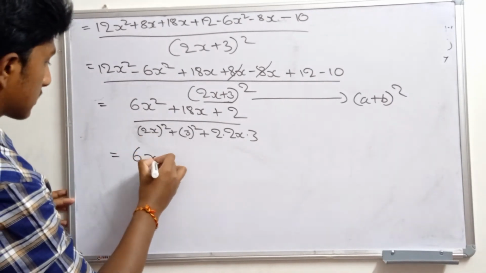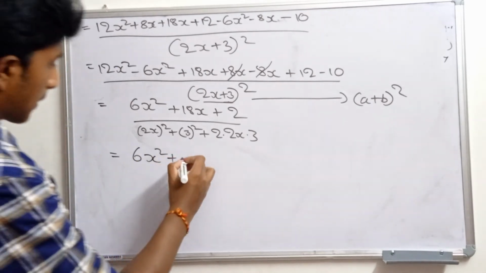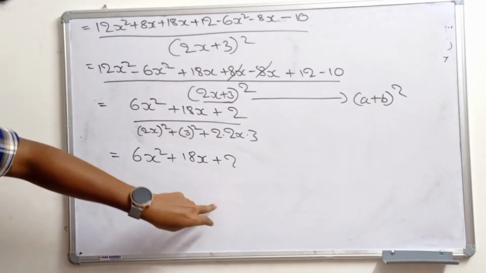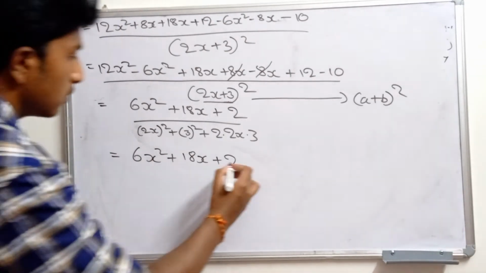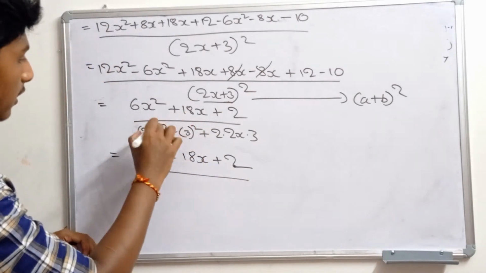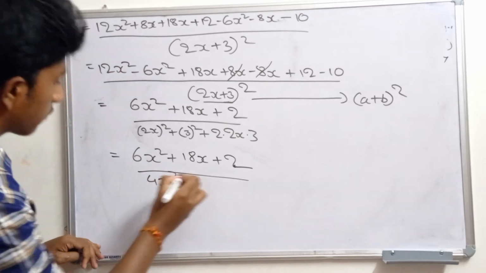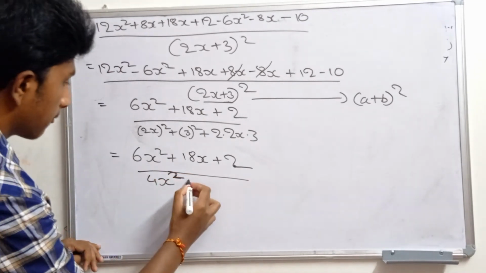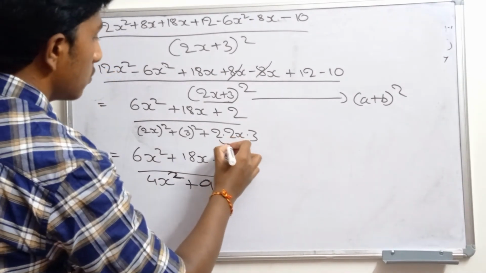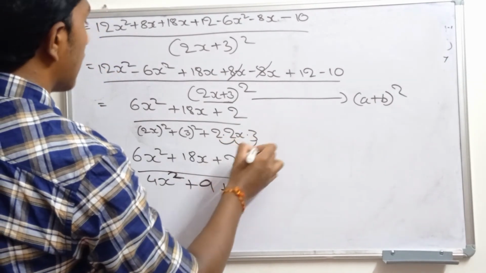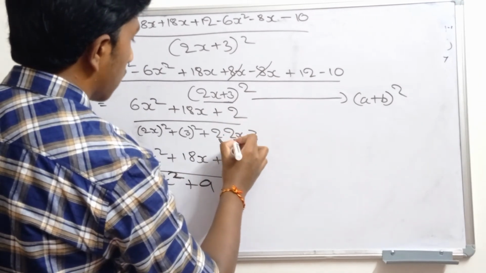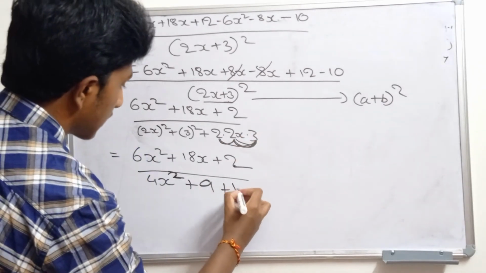That means 6x square plus 18x plus 2, and 2x whole square means 2 square 4 and x square, 4x square, plus 3 square means 9, plus 2 into 2x into 3: 2 3s are 6, 6 2s are 12, so we'll be getting 12x.